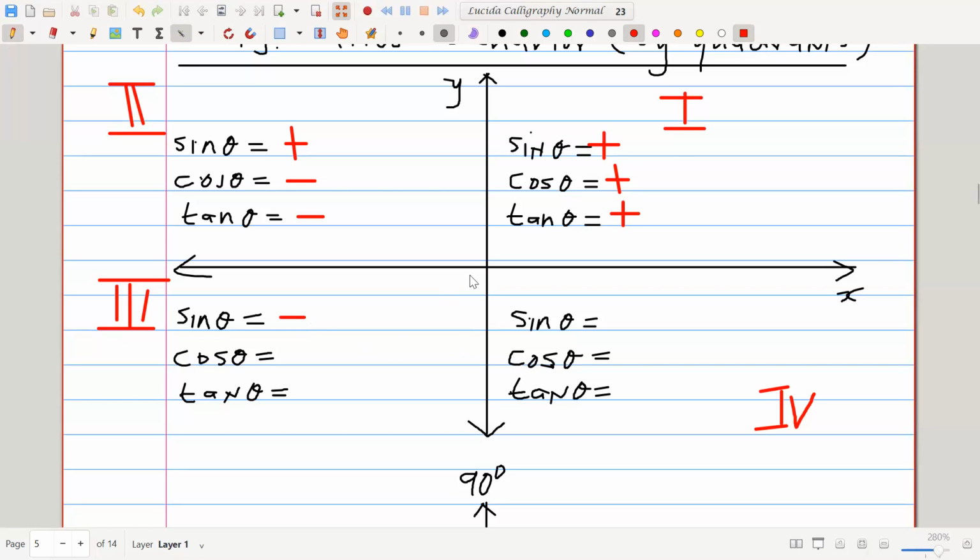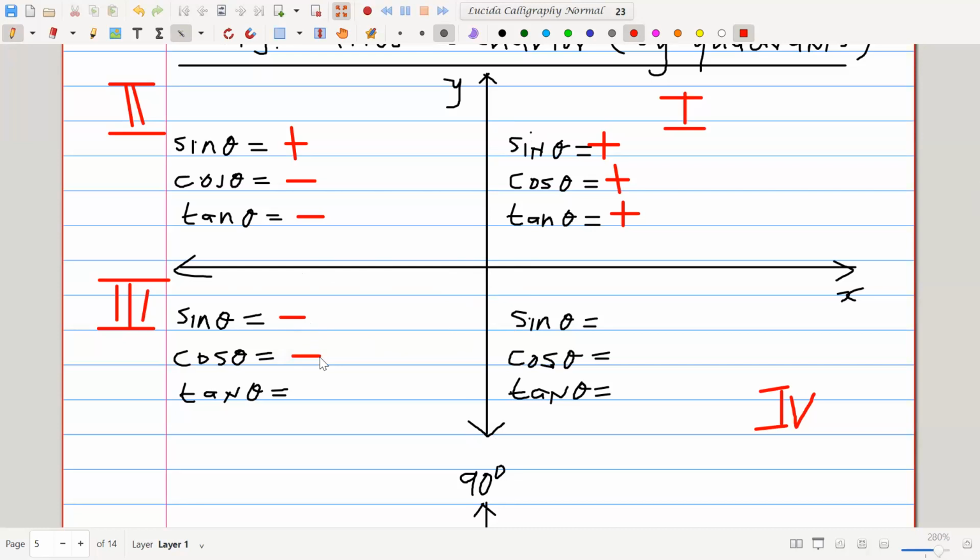Once you go beyond this origin, which is the 0, 0 point, and you go down, you'll have negative y values. Then you move to cosine again, use the same definitions, x over r. In this case, x is negative on this side of the Cartesian plane, and then that means you'll have a negative value divided by r, which is always positive, so you'll end up with a negative result.